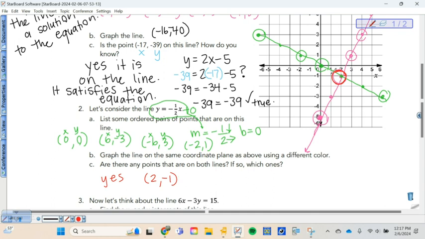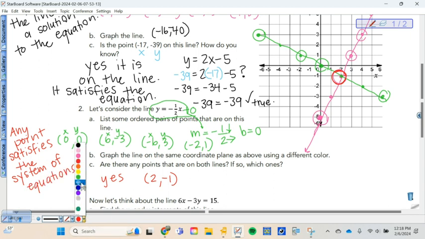And since that point is on both lines, we say that it satisfies the system of equations. What I mean by system is just that we have two equations working together.